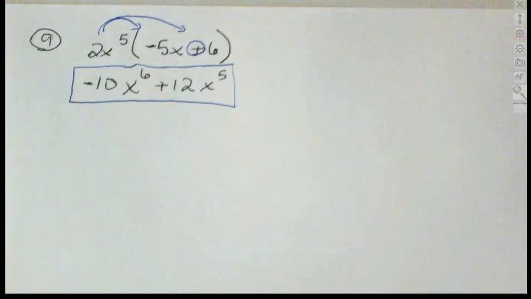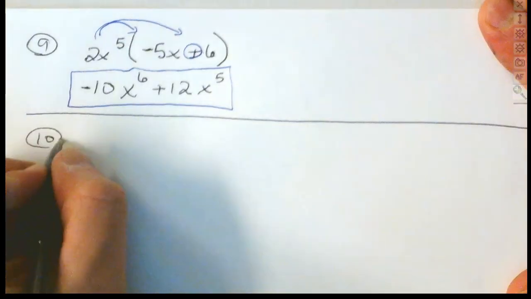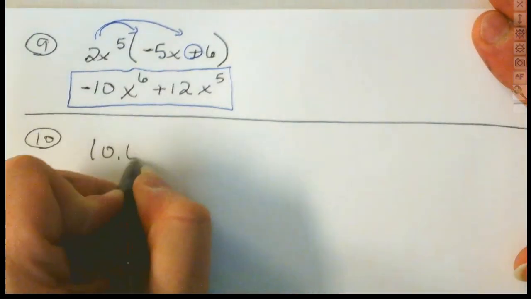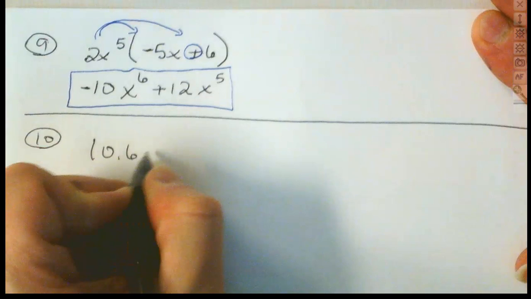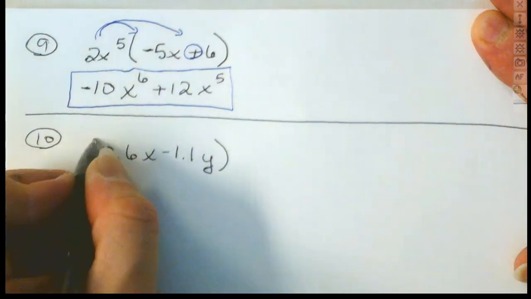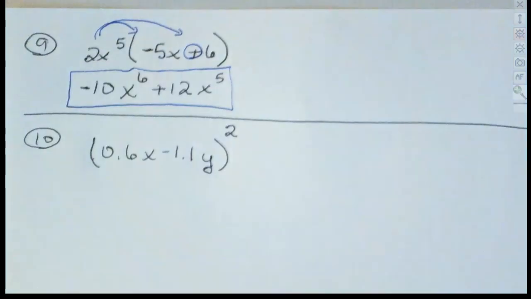Question 10 is a little bit different because of the decimals, and also because we have to write it out. This is a type of question that I see students make a mistake on all the time when they get to college algebra.